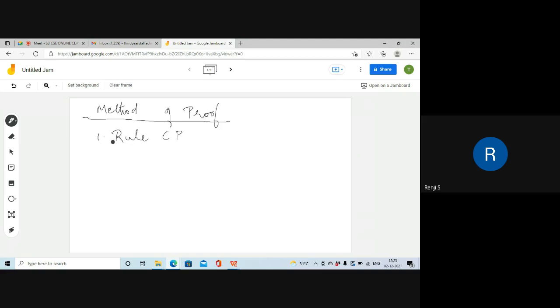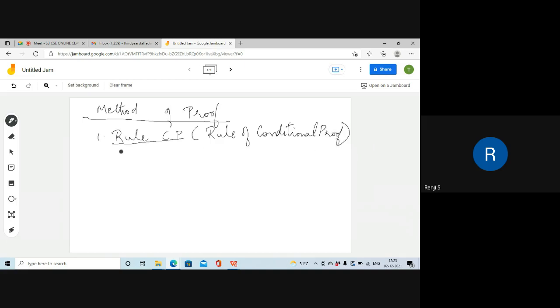What is rule CP? What is the expansion of CP? Rule of conditional proof.